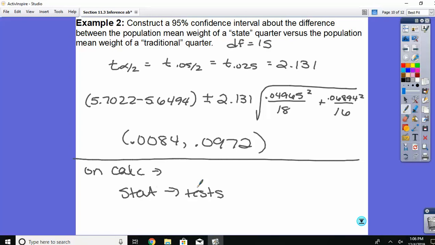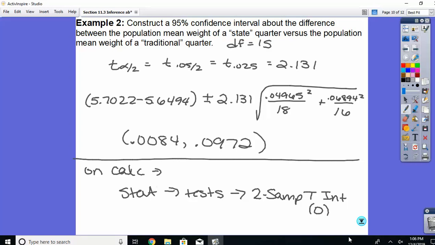T. How many samples do we have, 1 or 2? 2. And we want an interval. So you have to keep going down. And you need the 2 sample T interval. What's our C? 0.95. So that is 0, I believe, on your list.